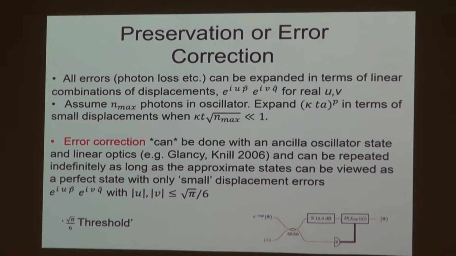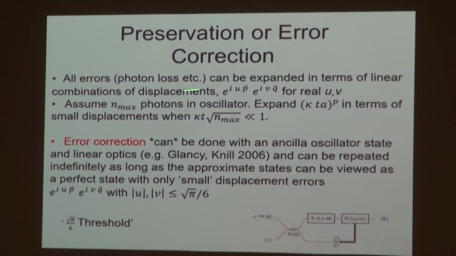How do these states deal with photon loss? This is actually not so easy to explain. They do deal with photon loss, but it's not so easy to explain. There actually are some new results on how well they do this, but I can only make a mathematical statement which may be unsatisfactory to some of you, okay?